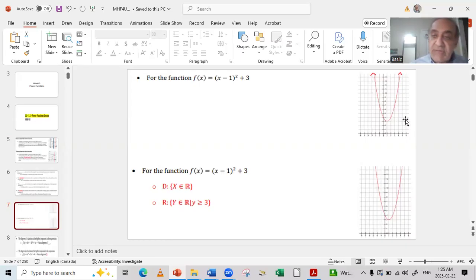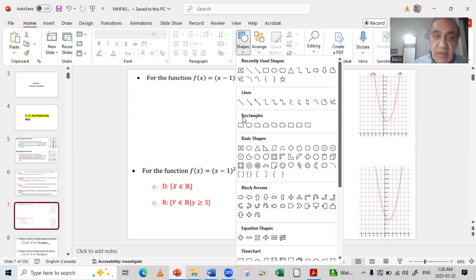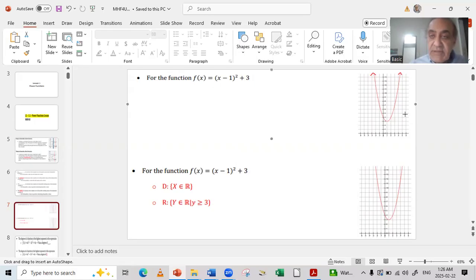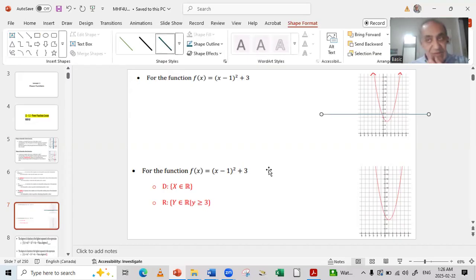x is the horizontal line. Let me just show you something. If I take this line like this, x goes here in this area. This is for the x. The domain of x is this area, the horizontal. So x can go from minus infinity to positive infinity.